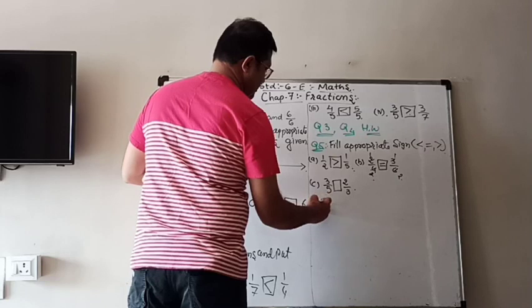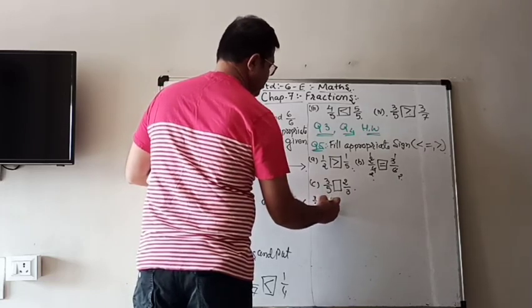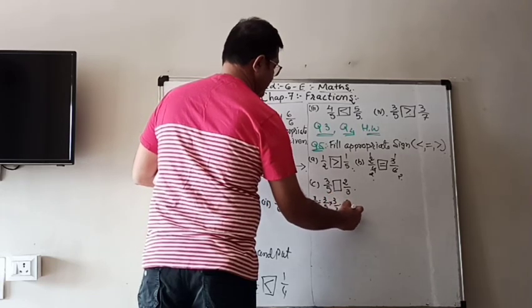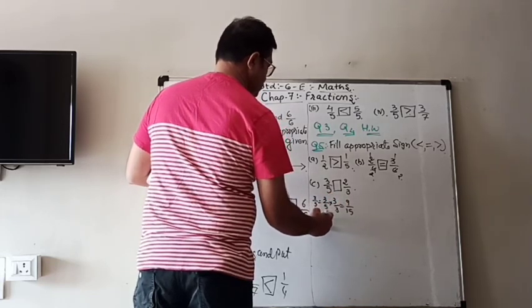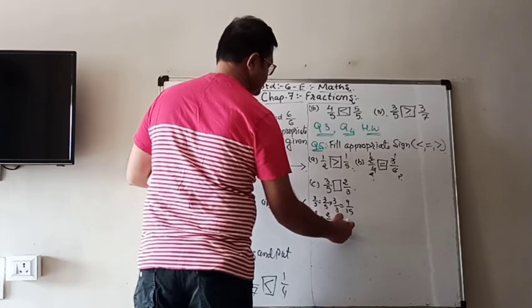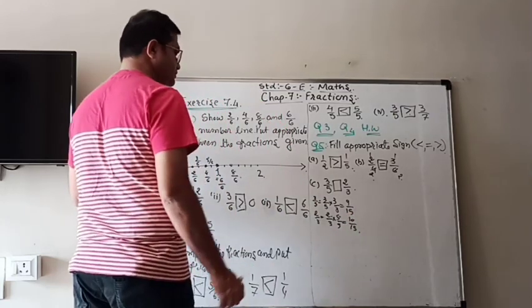So now 3 by 5, 5 and 3 LCM is 15. So we can multiply it with 3 by 3. So we get 9 upon 15, and 2 by 3 we can multiply with 5 upon 5 to make 15. So 2 5s are 10 upon 15.